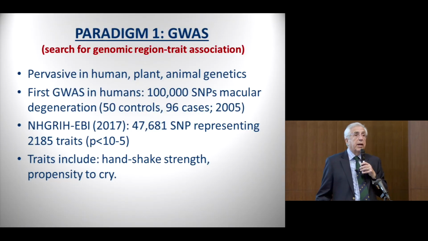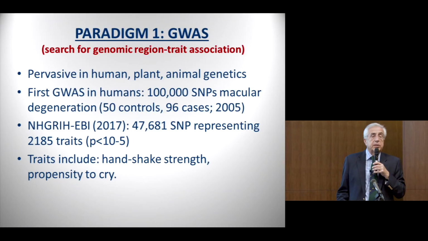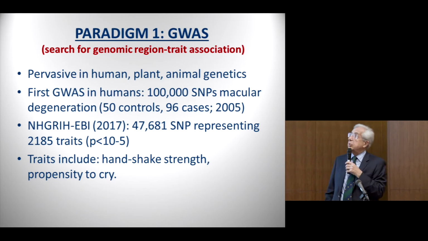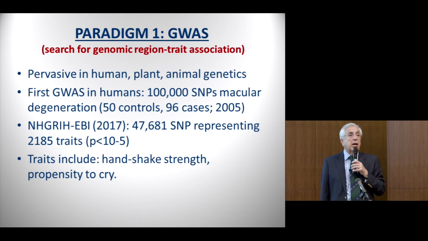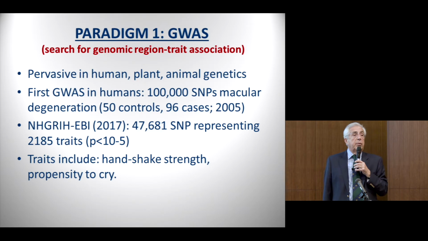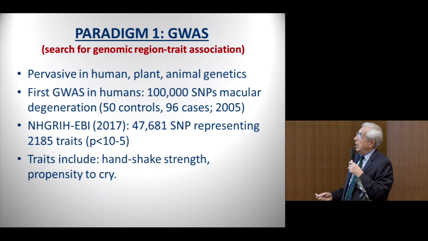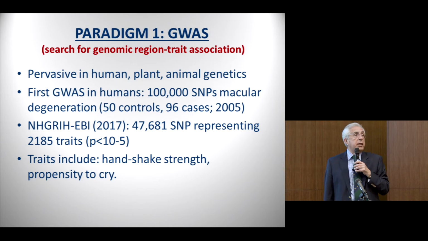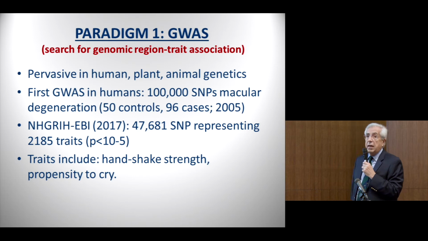medicine. So the first type of paradigm, which is very active in human genetics, is called genome-wide association studies, where they search for genomic regions that are associated with traits. The first study was done in Japan with macular degeneration. There are many recognized genome-wide association studies, and if you follow some of the papers like PLOS Genetics, Nature Genetics, Nature Reviews Genetics, there is a great deal of emphasis.